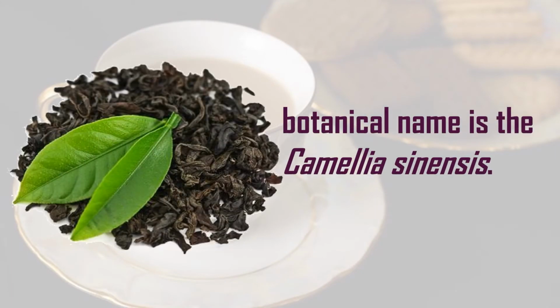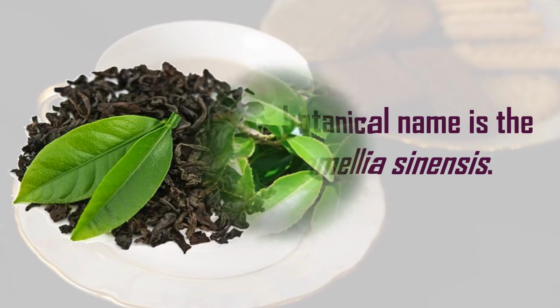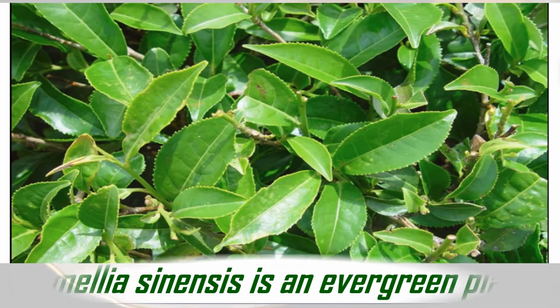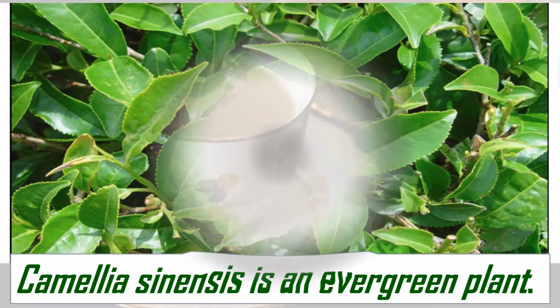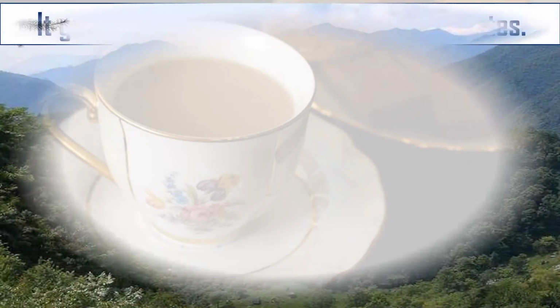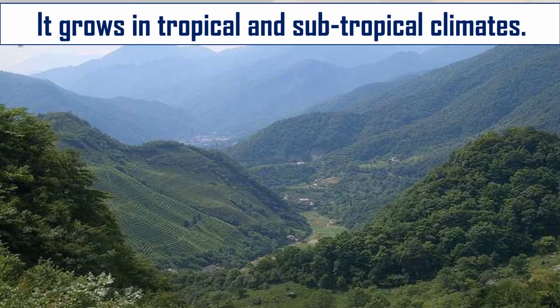So as we have seen, the botanical name is Camellia sinensis, and you can see here Camellia sinensis is an evergreen plant. Look at the color. It's an evergreen plant. It grows in tropical and subtropical climates.